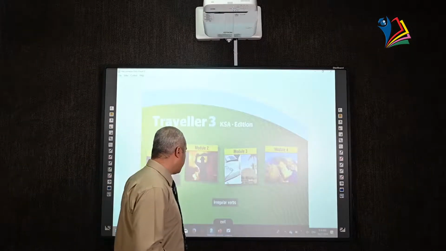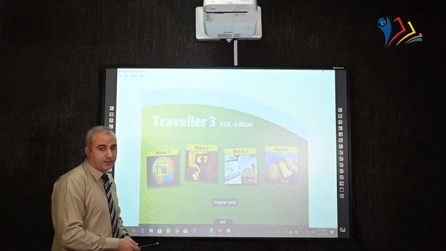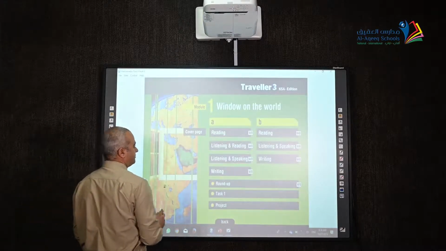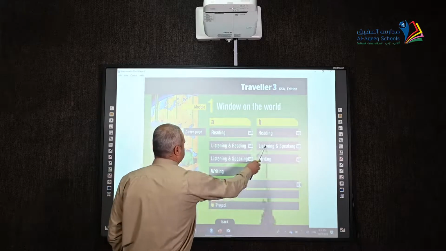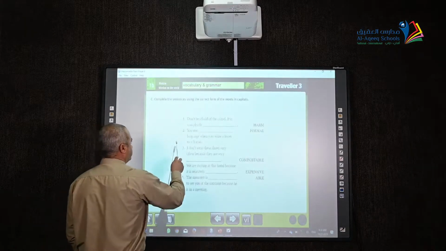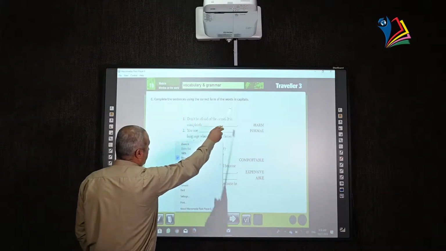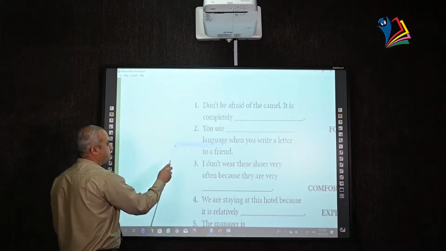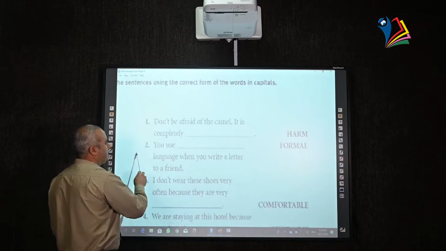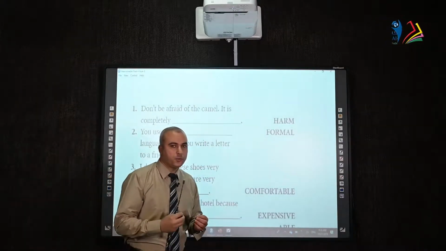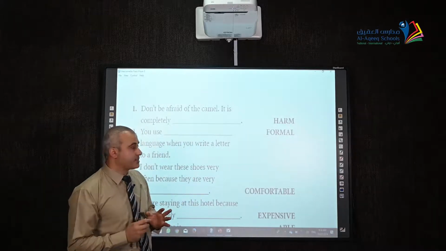Now we have to do a quick exercise on the lesson in Traveller 3, Module 1. Complete the sentences using the correct form of the words in capitals. Okay. Don't be afraid of the camel. It is completely harmless. We want to use a negative prefix or suffix.